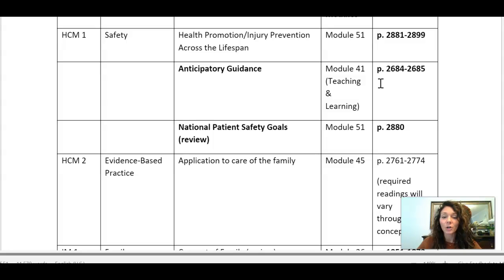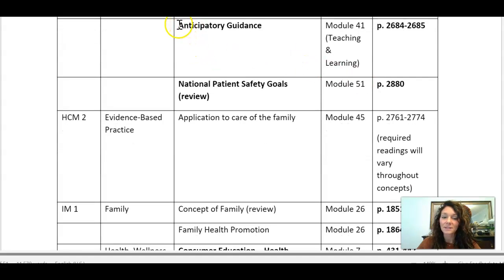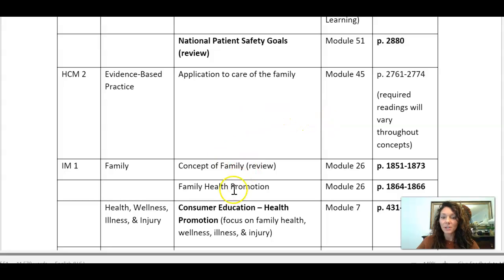If the page numbers are in bold, those readings are required of you, okay? If the topics or the exemplars are in bold, those are the things that I am absolutely required to teach to you by the Board of Nursing. Now, of course, there's additional information in here. Any page numbers that are not bolded are page numbers that will help you if you read those.